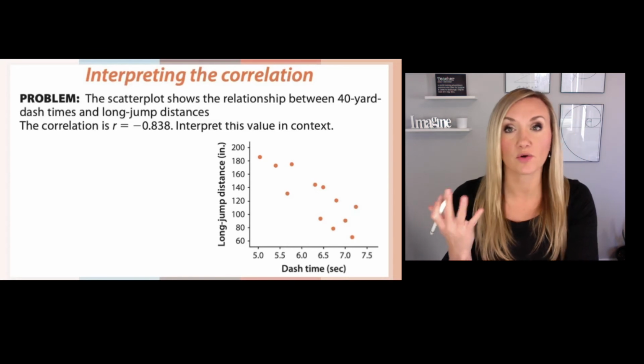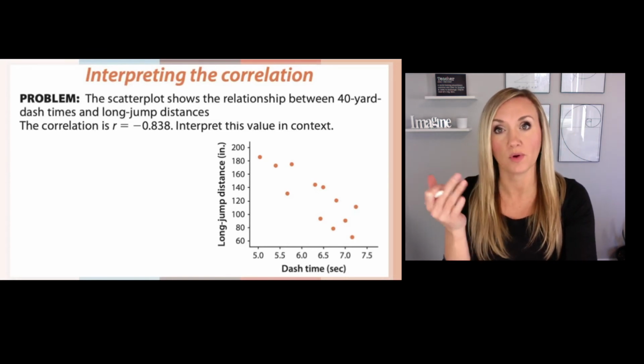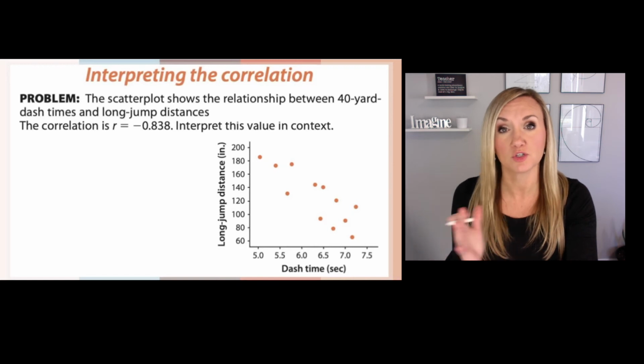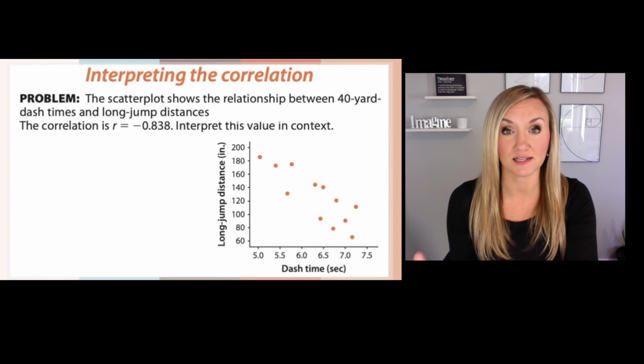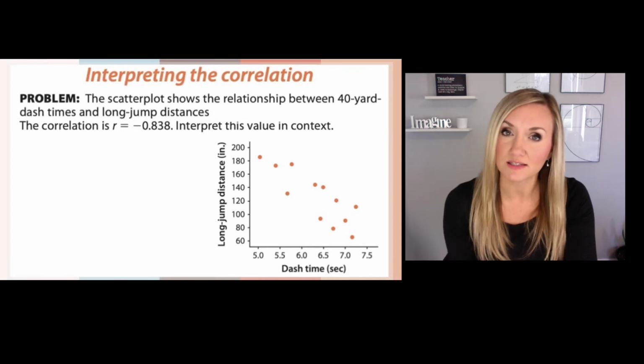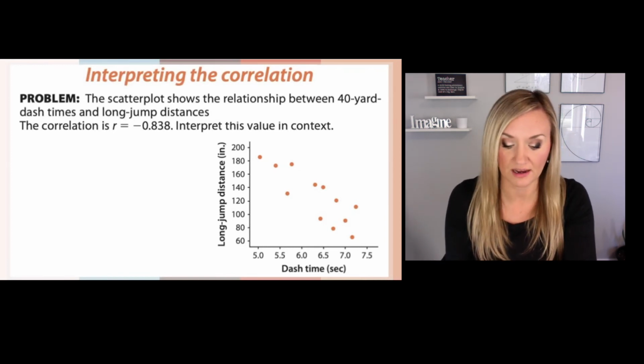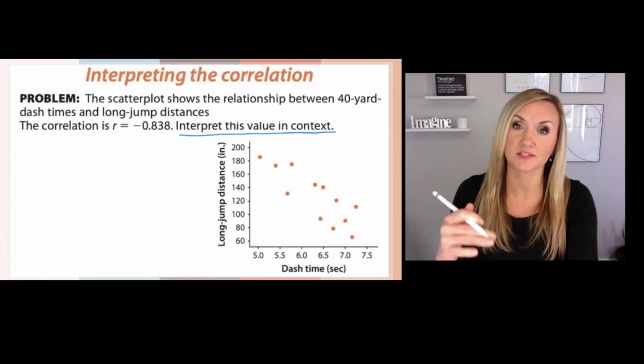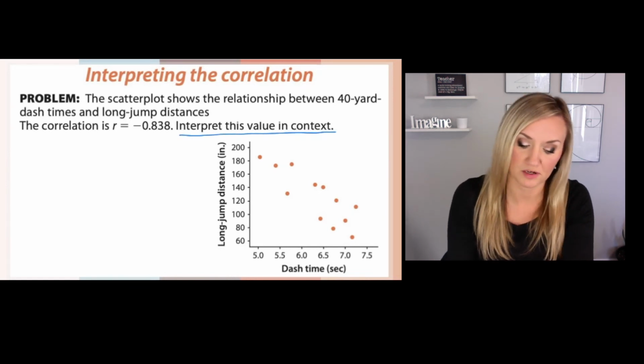So we're going to say that the correlation of negative 0.838 indicates that there's a linear relationship between the long jump and the dash time, and it is strong and it is negative. So that's the sentence that I would like you to take some time and write out. And that is how you interpret the context of a problem here. So let's go ahead and do that.